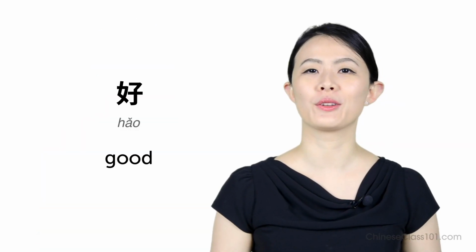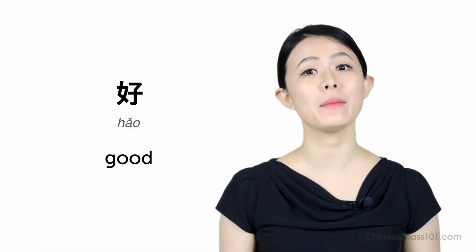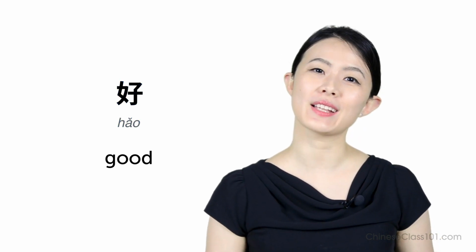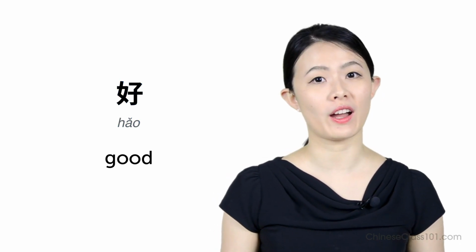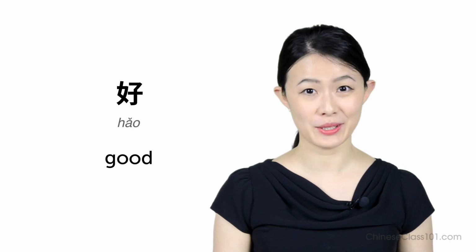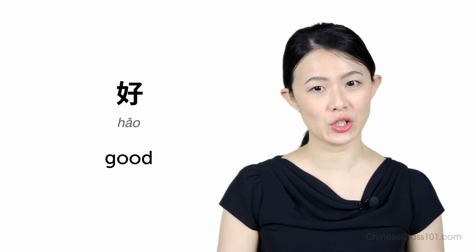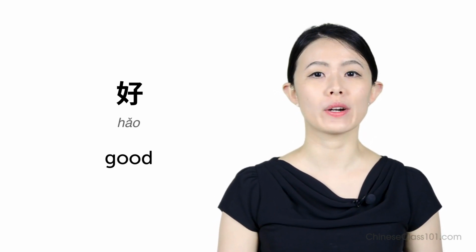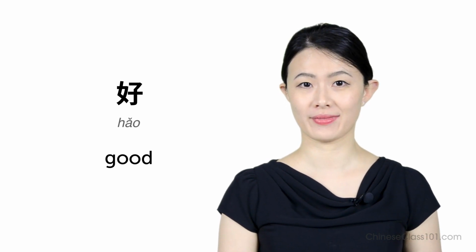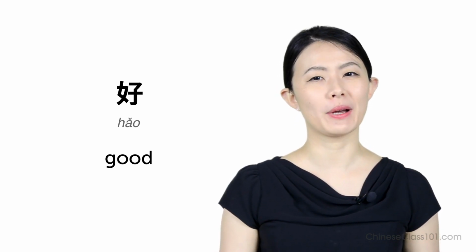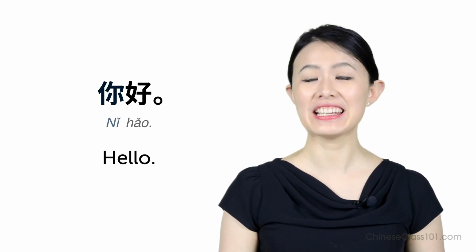A title followed by 好 or name and title followed by 好 is often used to greet someone with a higher social status than the speaker, such as a teacher, supervisor, or a senior family member. This pattern sounds more polite and personal than 你好.